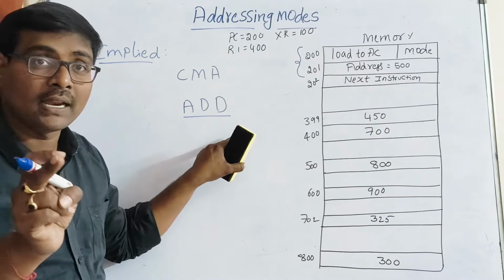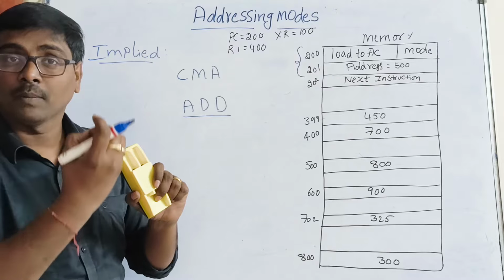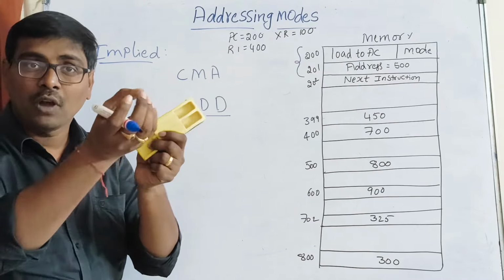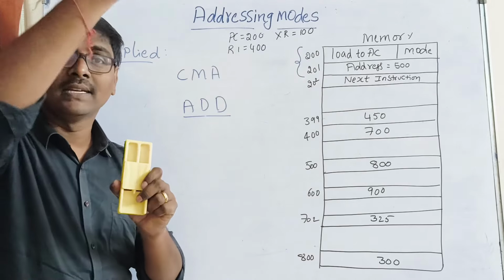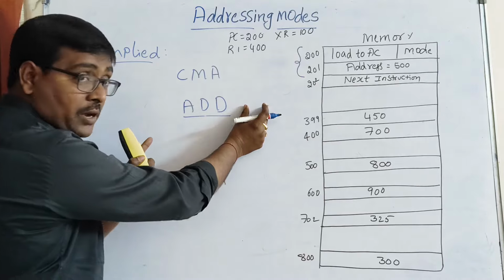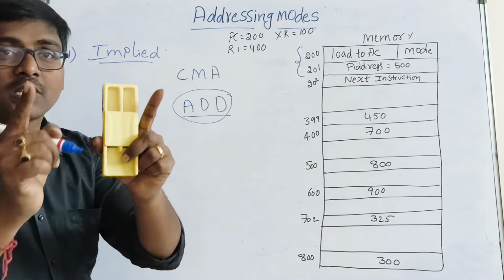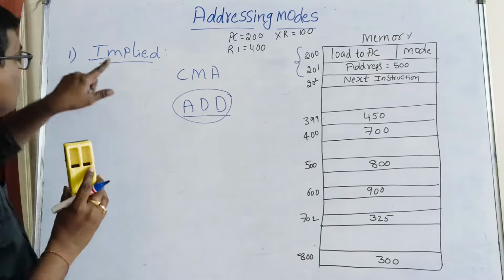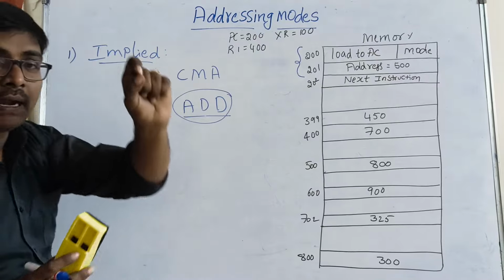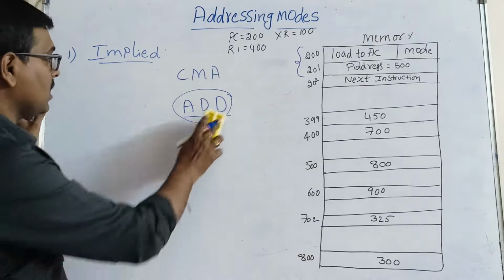If it is a stack organization, add means pop the top two elements from the stack, perform the addition operation, and the result is stored back into the stack. That is, without specifying the operand, the name of the instruction itself specifies the operand. This is the first one, implied addressing mode. It is also called implicit addressing.